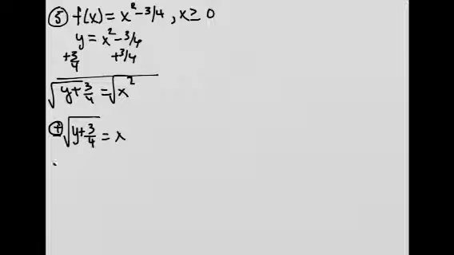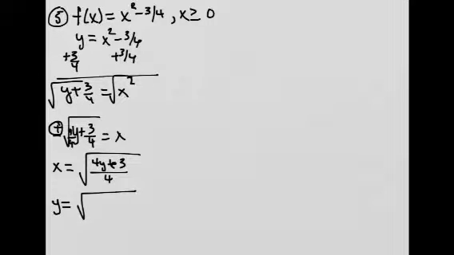So x equals, now I can add the y and the 3/4, get a common denominator, so I'm going to multiply by 4 over 4. So that gives me the square root of 4y plus 3 over 4. Okay, and switch the x and the y. You could even take out the 4 down here, because the square root of 4 is 2.